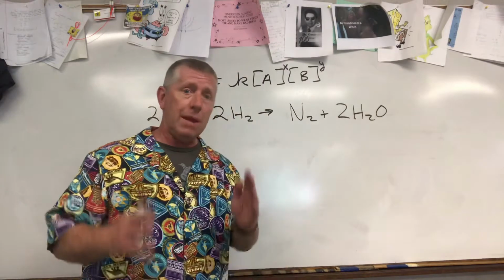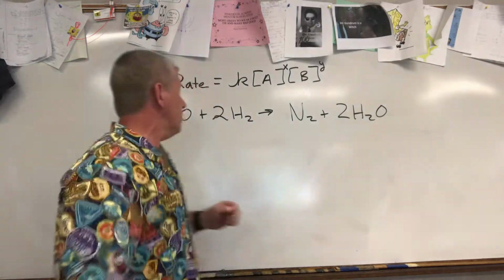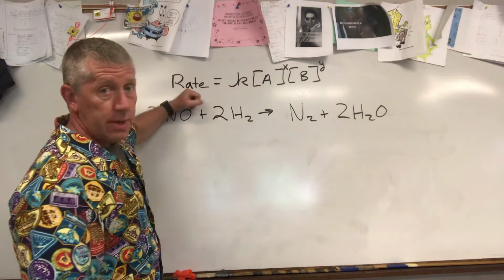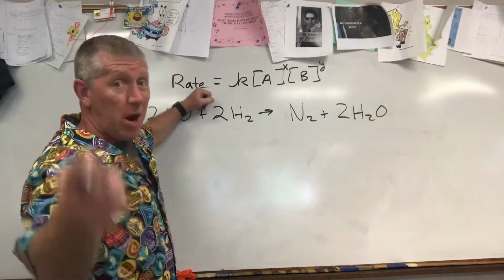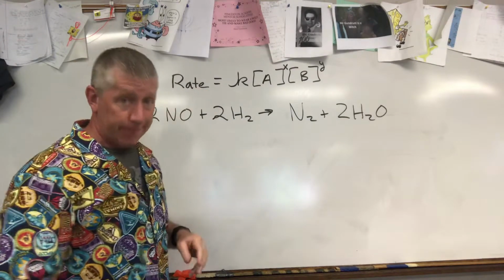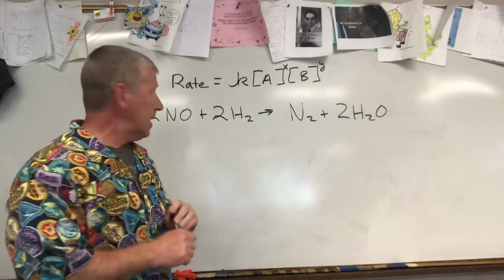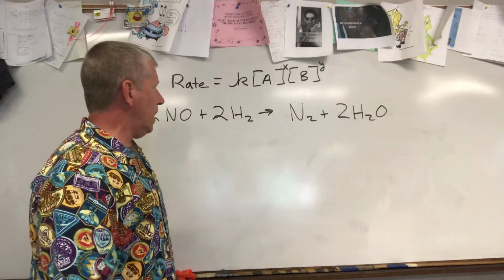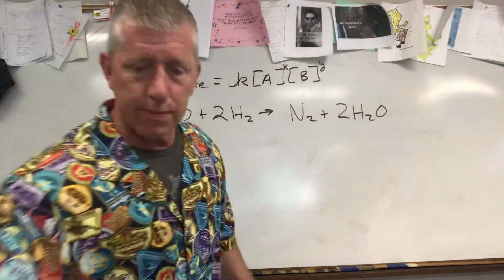But I would not be able to get a rate law for this reaction. The rate law for this reaction can only be determined by experimental data. We have to use experimental data. Yeah, we do. Okay, all right, well, how do I do it? All right, check it out.